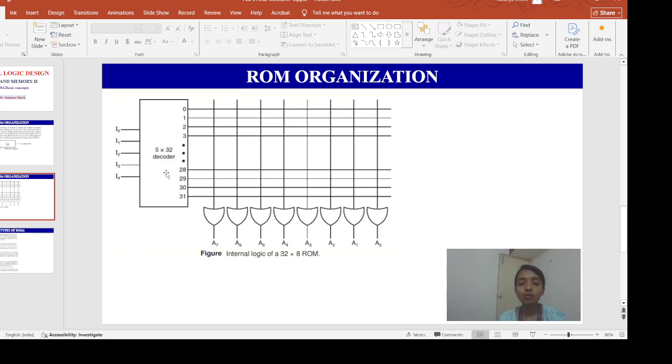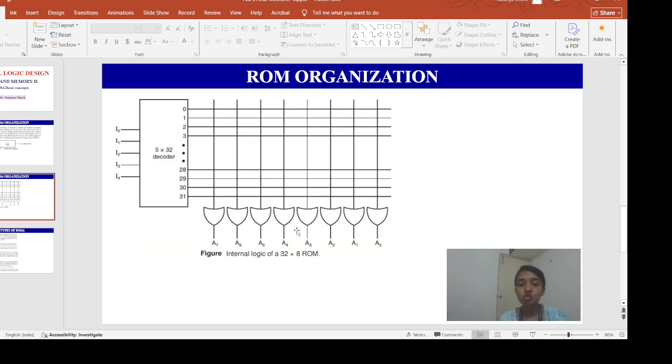ROM is basically what? It is a decoder, right? With k inputs and 2 to the power k output lines. So what can we observe over here? ROM is having k inputs and 2 to the power k output lines, followed by a bank of OR gates.